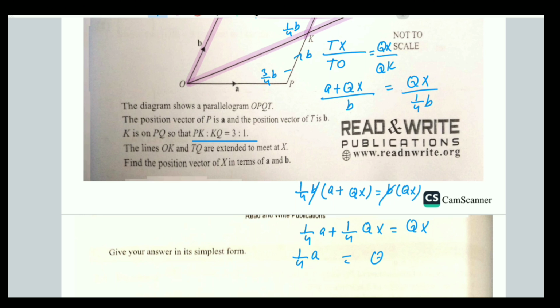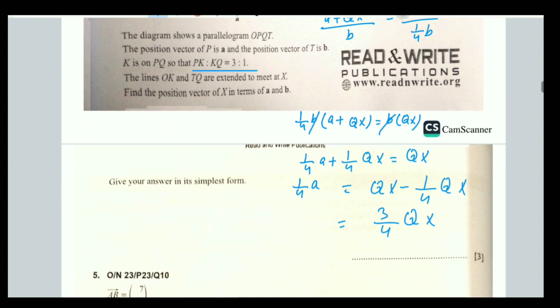So QX minus 1 by 4 QX, that is 4 minus 1, 3 by 4 of QX, equals 1 by 4A.